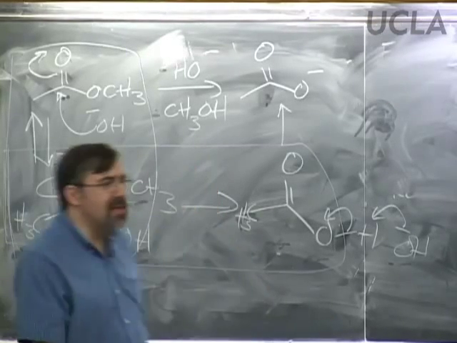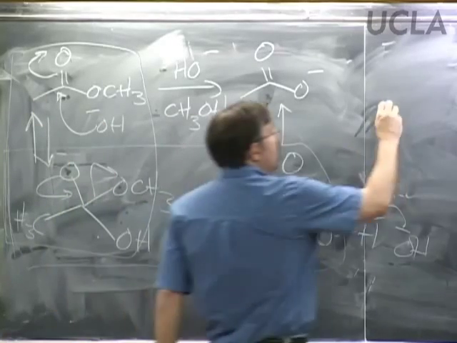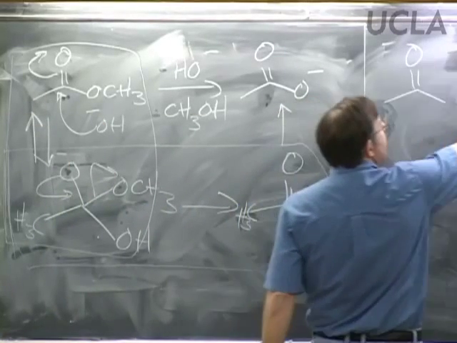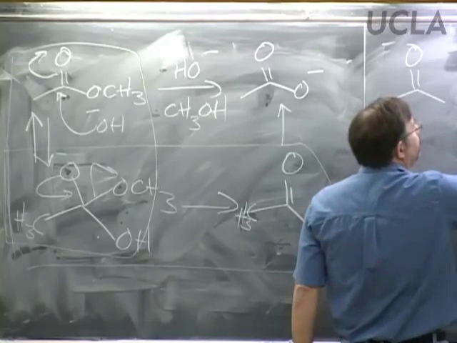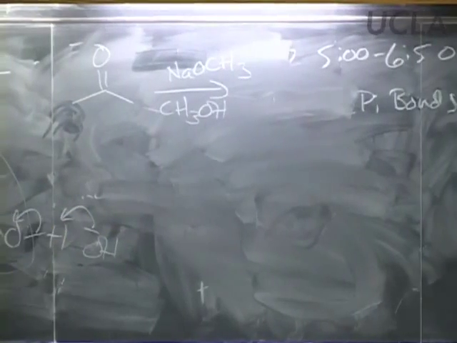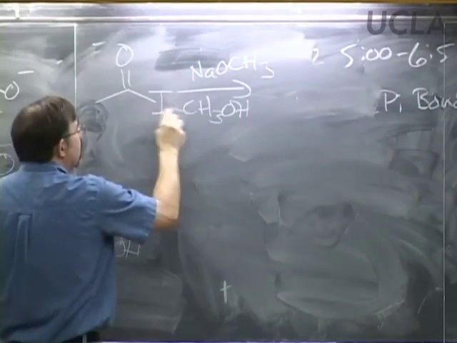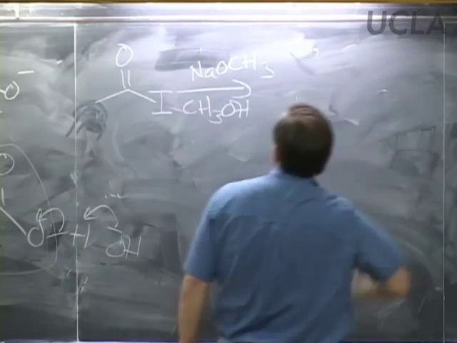So somebody give me a suggestion, something I can do to this first step to make the reaction faster. Change the leaving group? Okay, what should I change the leaving group to? We're going to keep the nucleophile the same. You want to change the leaving group to iodide? Oh, good choice. We'll get the same product.